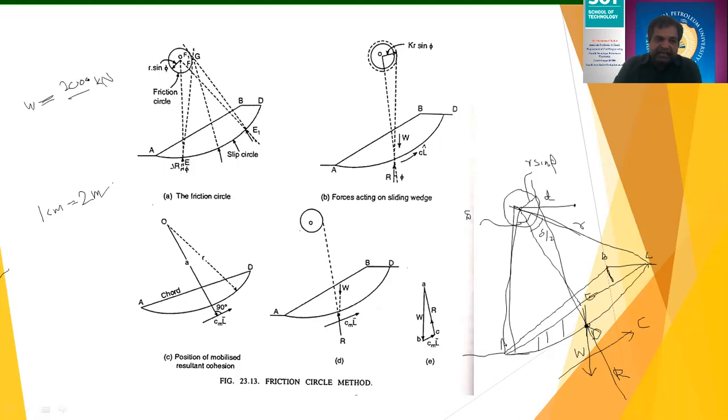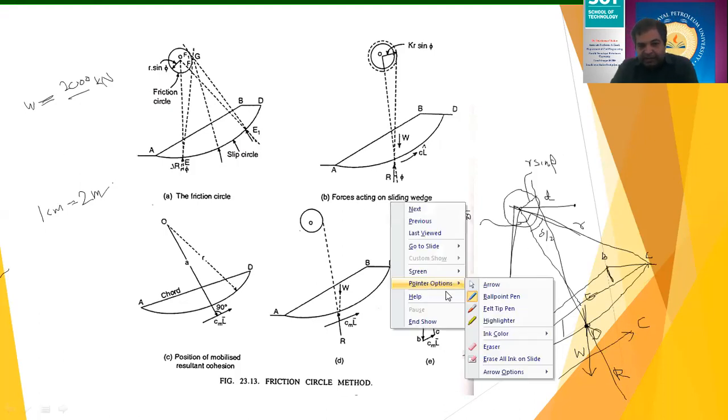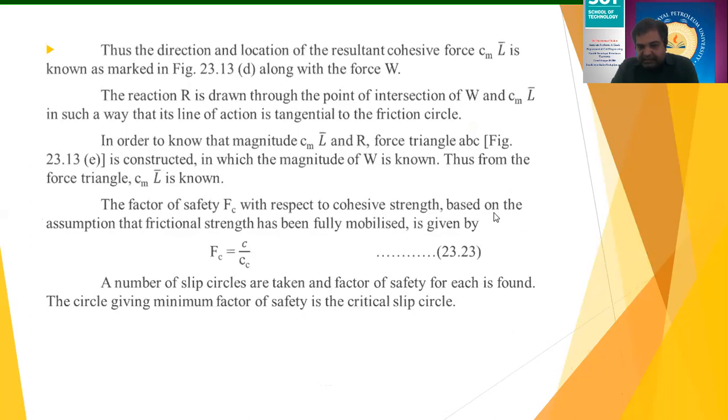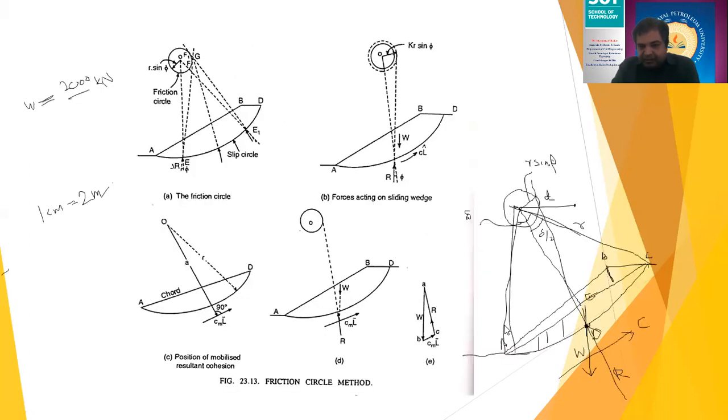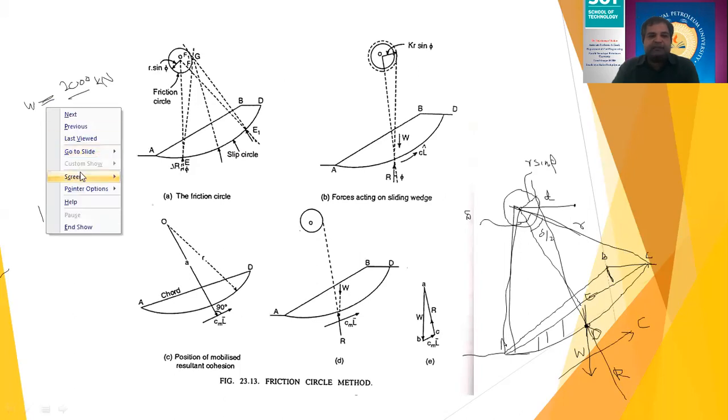I'm just assuming a random number that you have calculated, I'm again repeating, from this triangle minus this triangle plus this triangle. So you will arrive at this particular value. Now to plot this, again you need to take a scale. So suppose I am taking 1 centimeter equal to, let's say, 500 kilonewton.